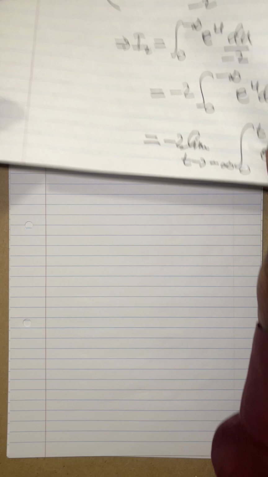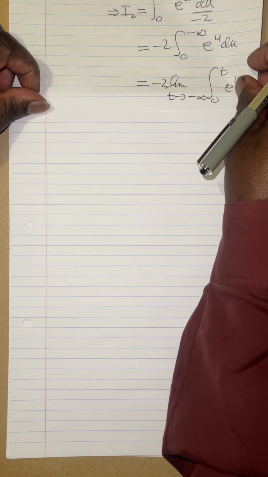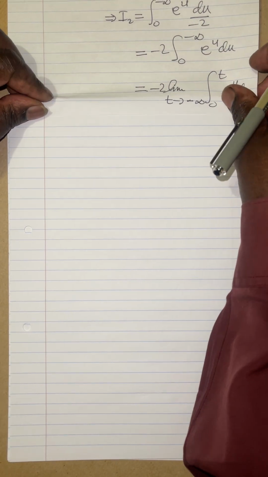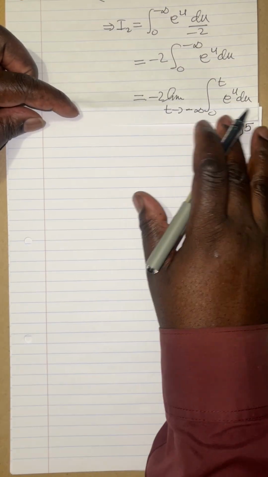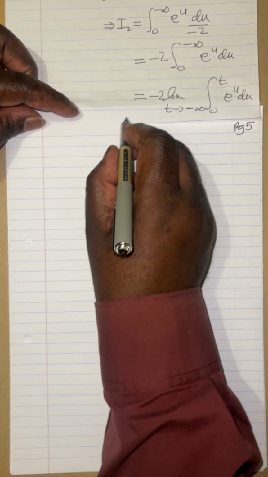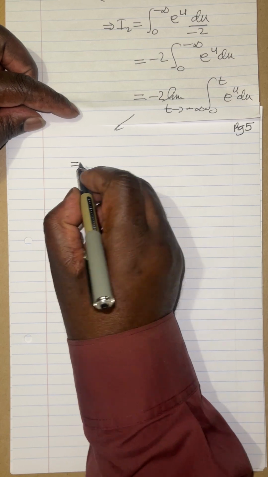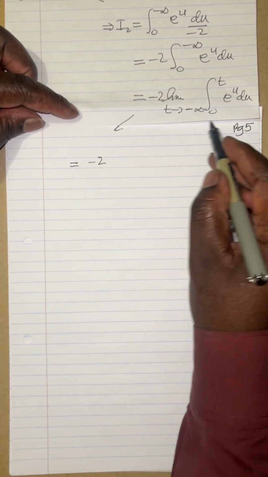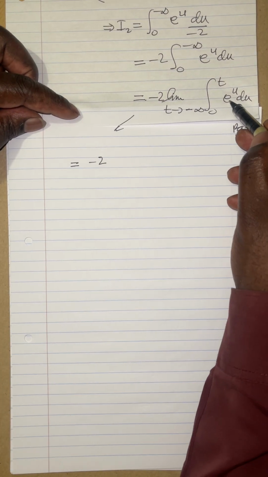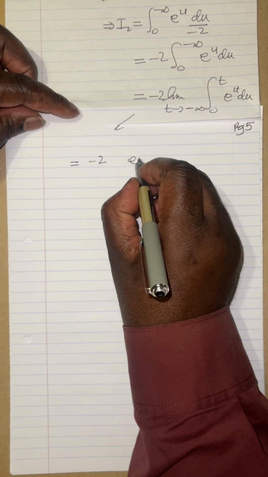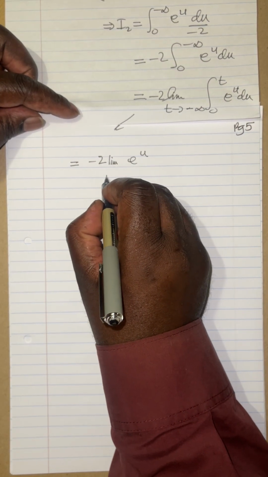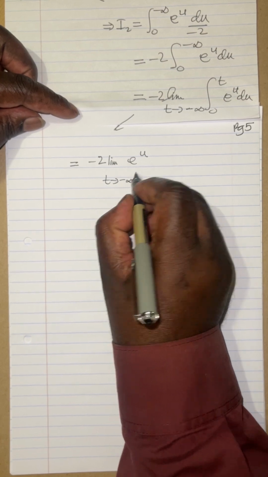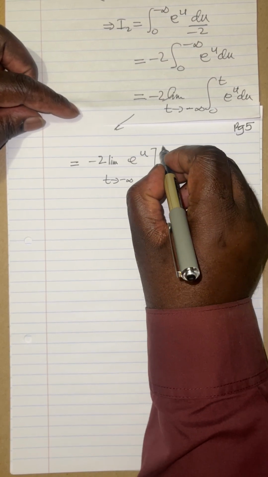Now let's go to page number 5. I told you this is a non-elementary integral. The approach is quite sophisticated, but I hope you are following. So moving down here, taking the limit of that, remember the integral of e to the power u is just e to the power u. And we're taking the limit of this as t approaches minus infinity, from 0 all the way up to t.